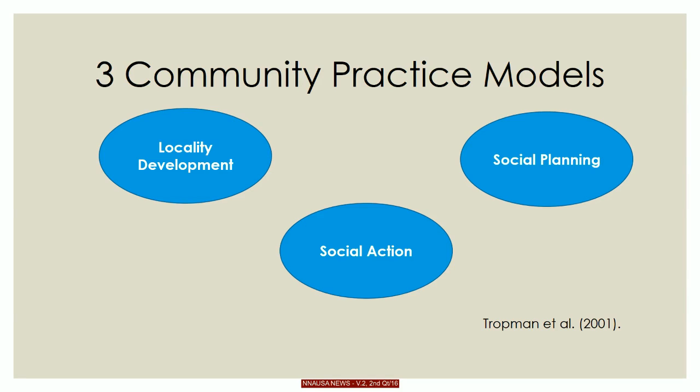So the social action model would ordinarily construe society or community as having a disequilibrium in terms of power and resource distribution. So the goal is to shift power and to bring about power relationships that include those classes or those groups in a community that otherwise would be excluded.